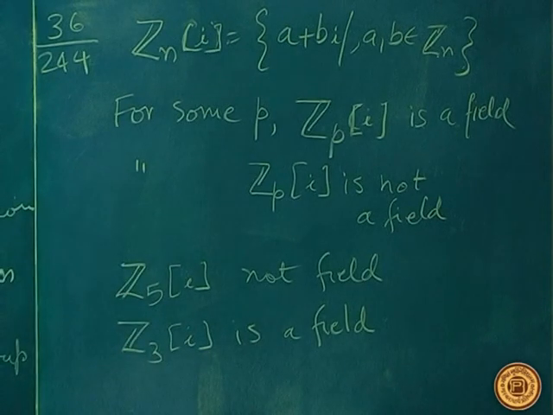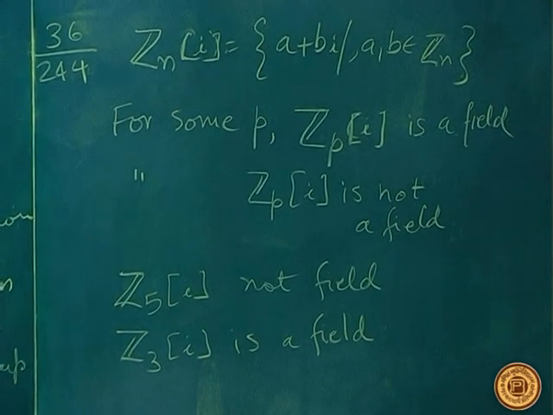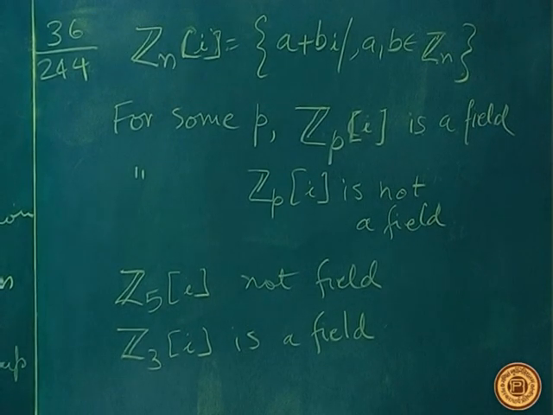We know that for a finite integral domain, every non-zero element is either a divisor of 0 or a unit. And if there are no divisors of 0, then that finite integral domain is a field. Otherwise it is just a ring. It is not an integral domain if there are divisors of 0.